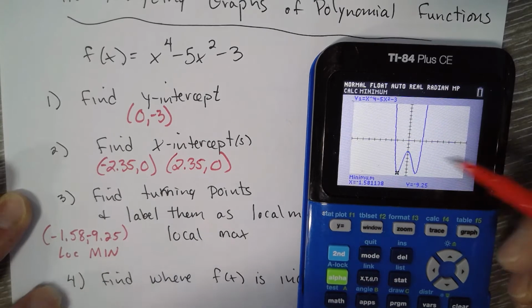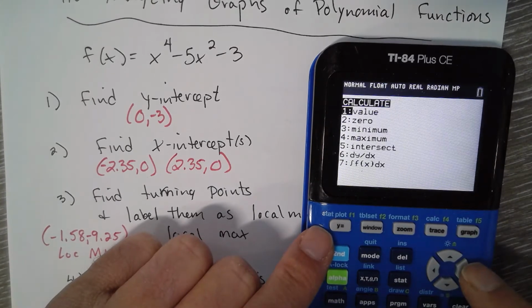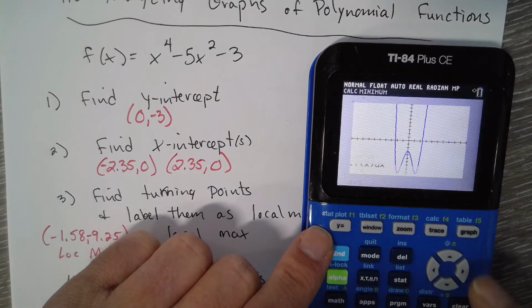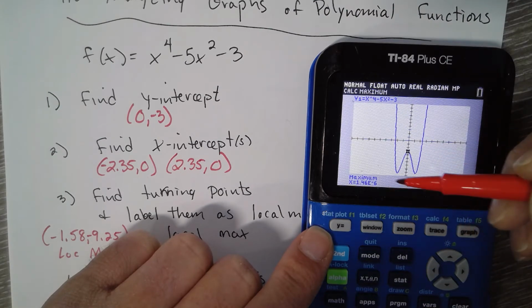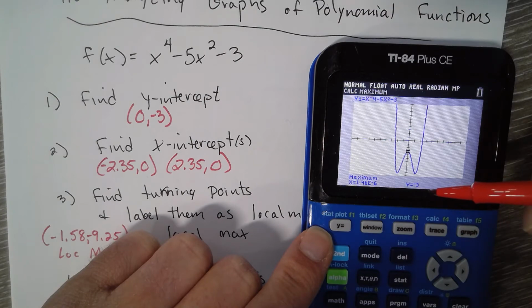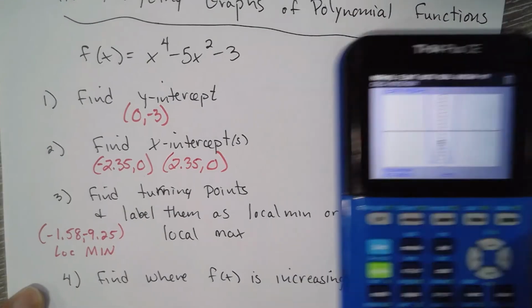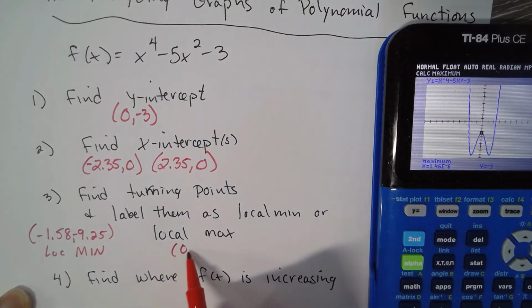There's a max. We'll do that next. So we're going to calculate the maximum, left bound, right bound, guess. So that is 0, negative 3. So 0, negative 3, that is a local max.